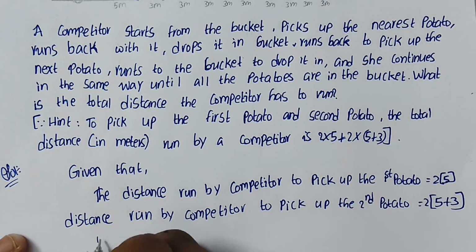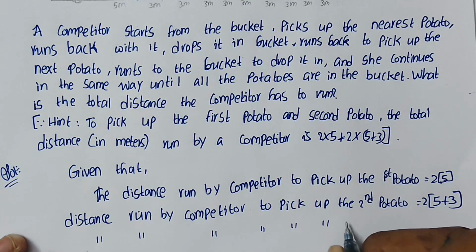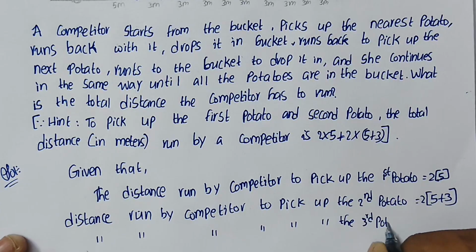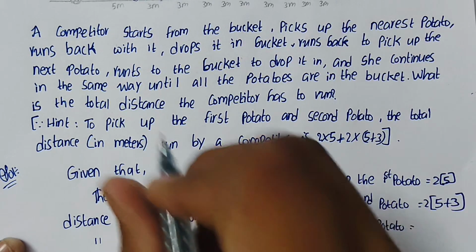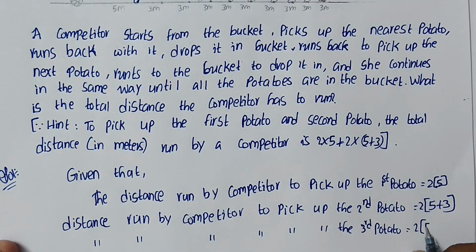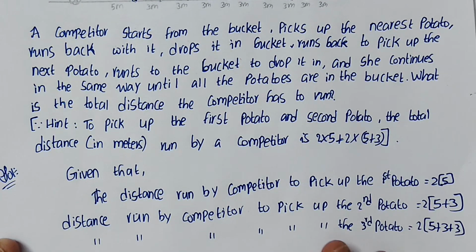Like that only, the distance run by the competitor to pick up the third potato is 5 plus 3 into 2. So 2 into 5 plus 3 and so on.